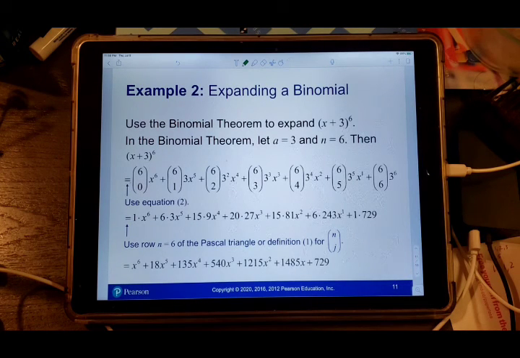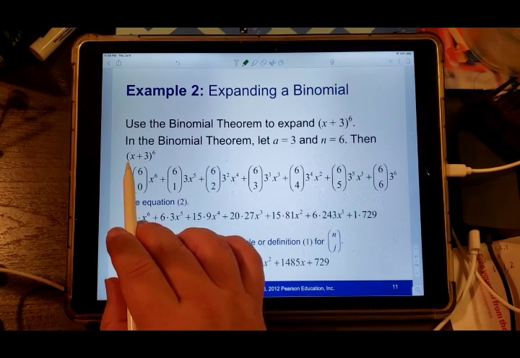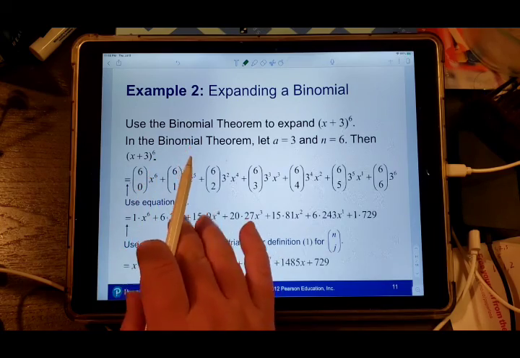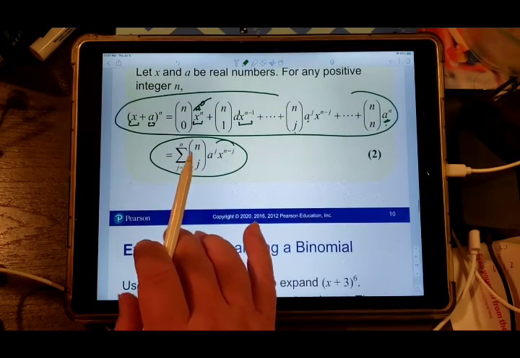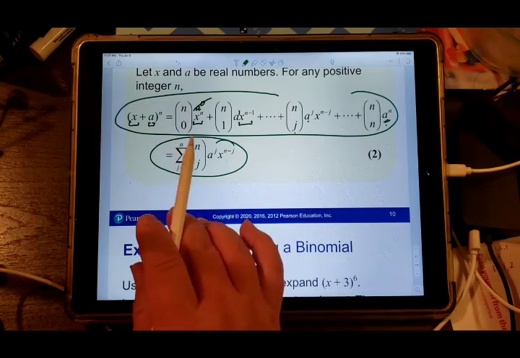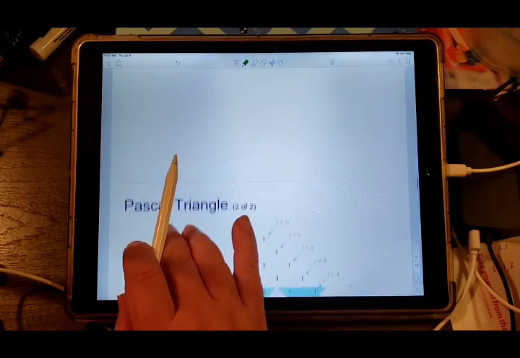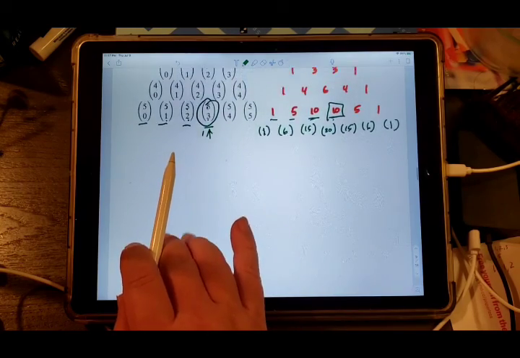So they gave us a nice example of this. I suppose it's a nice example. It's x plus 3 to the 6th. And according to the binomial theorem, that's going to be, let's go back up to here.